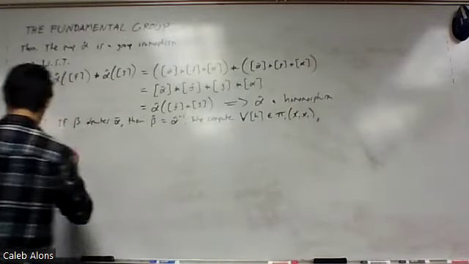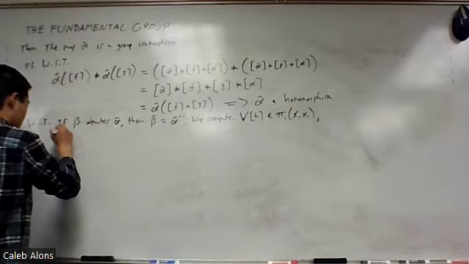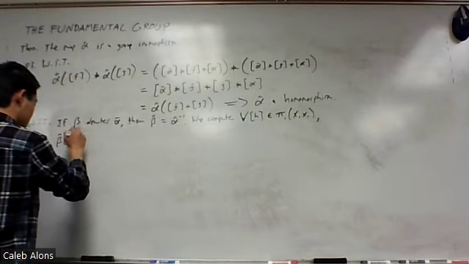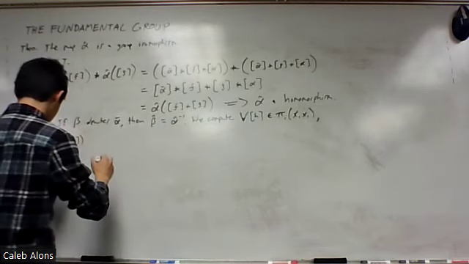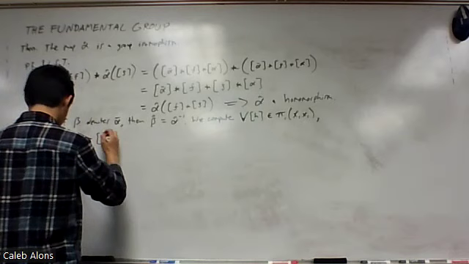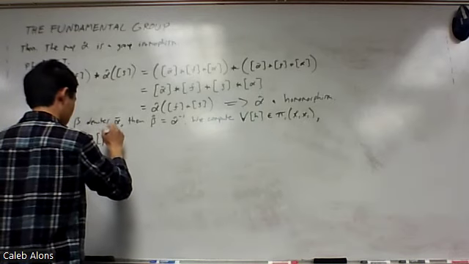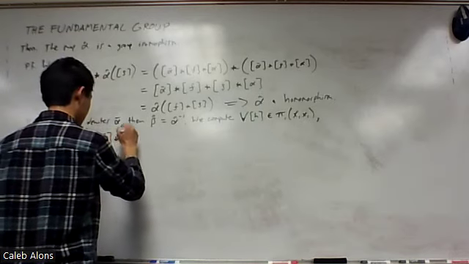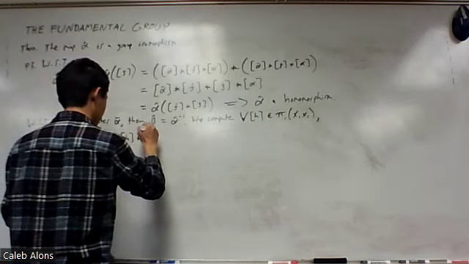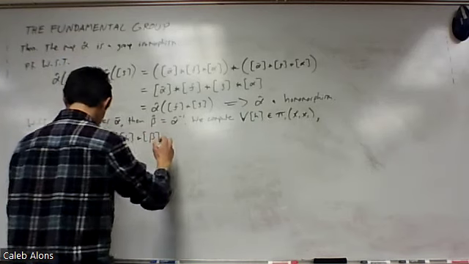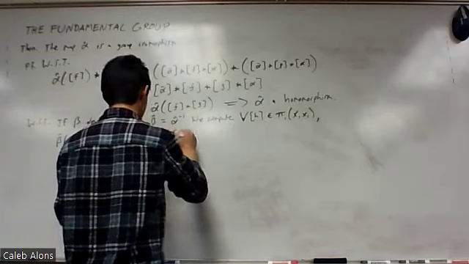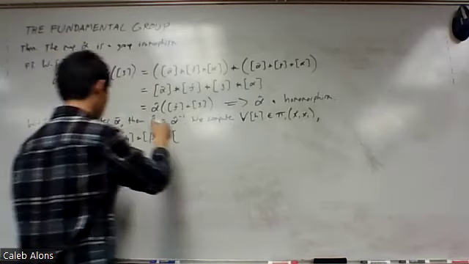We have two things. First, beta hat of h. By definition, that's going to be the reverse of beta times h times beta, which, by the way, we chose beta to denote the reverse of alpha.